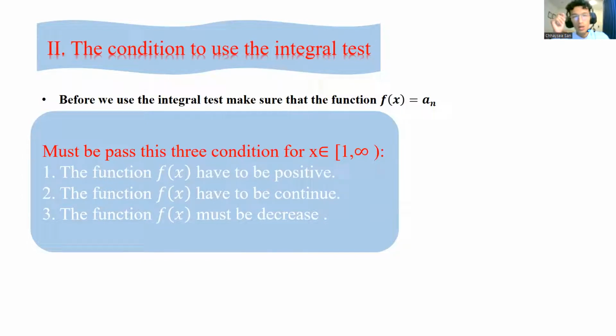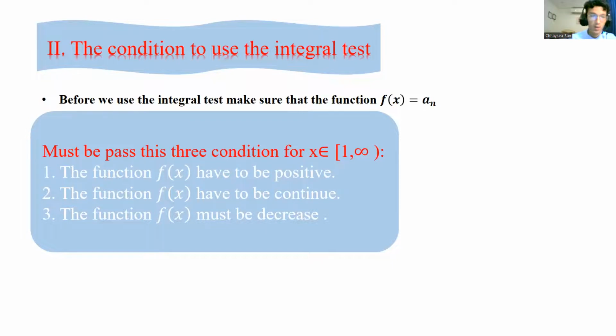In order to use the integral test, you need to know that if the integral converges, the series also converges, and if the integral diverges, the series also diverges. So remember this, it helps you to do the integral test well.